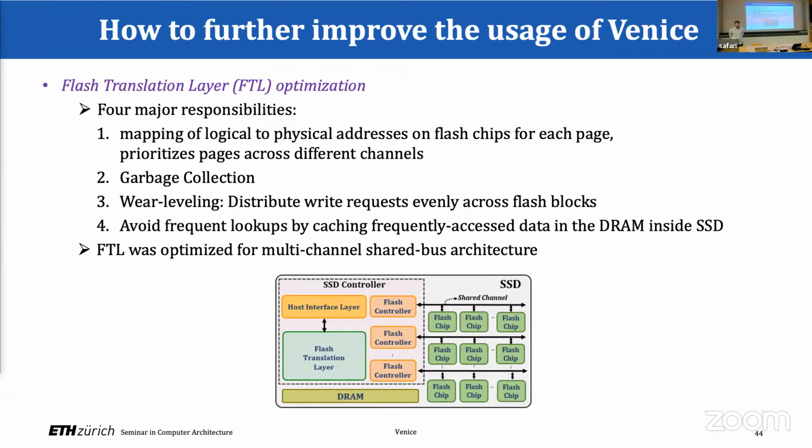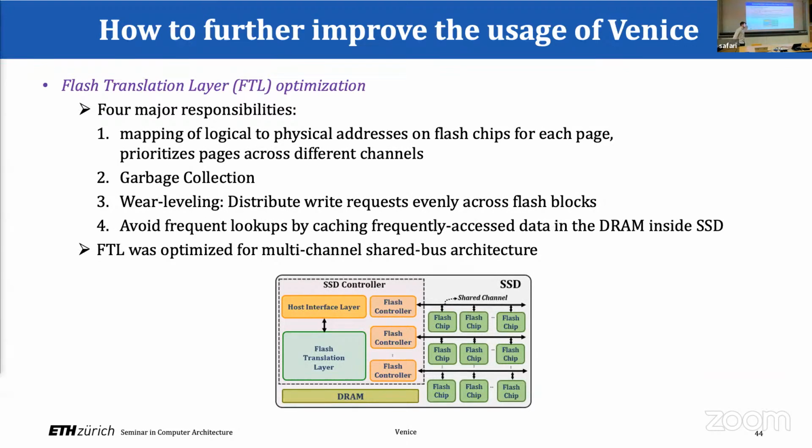I have a different question, maybe regarding the thing you said before. Did you describe, maybe I just didn't catch it, how Venice chooses the flash controller which sends out the packages? Because that might also need some different adaptation compared to normal SSDs, because the paths do change a lot.